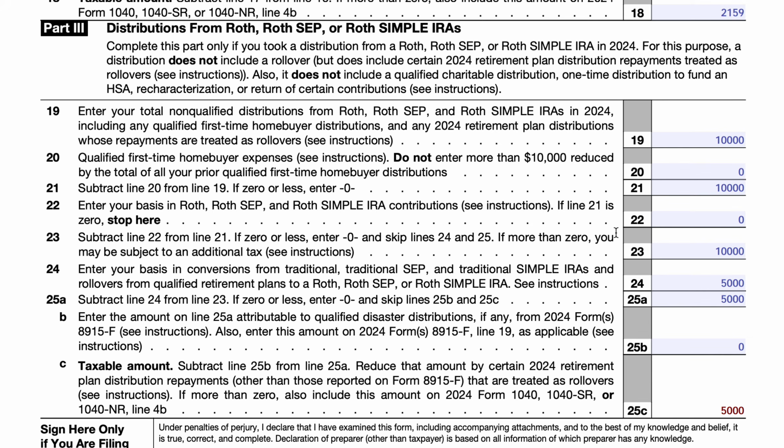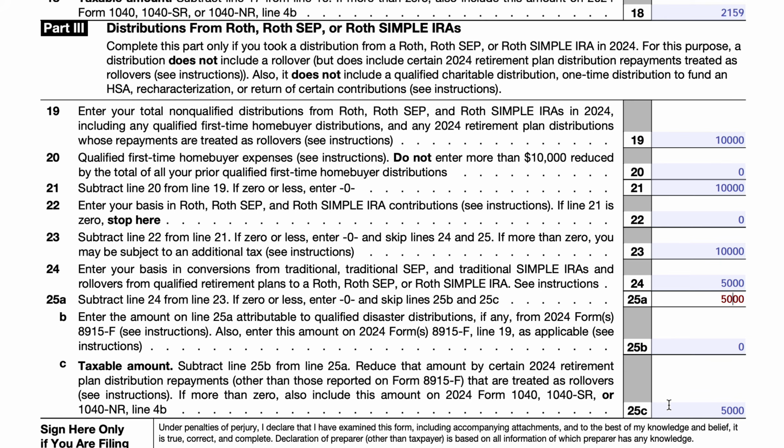So to paraphrase part 3 and all the calculation we just went through, we had a $10,000 non-qualified distribution. We had $5,000 of basis, which means that the additional $5,000 of our withdrawal, since it didn't get mitigated by any qualified disaster distributions, it's all taxable. That would also be reported on line 4B.